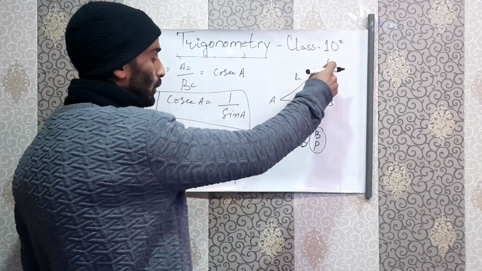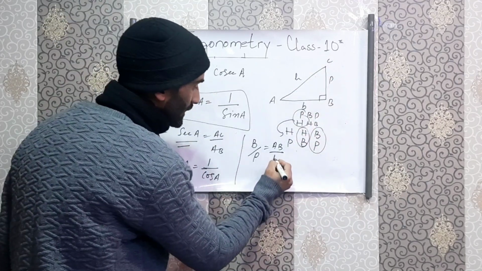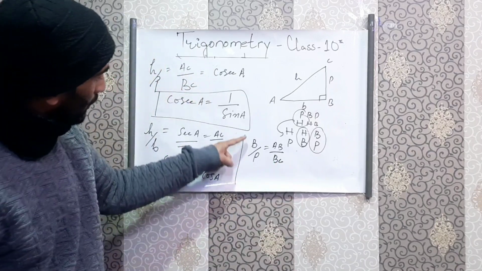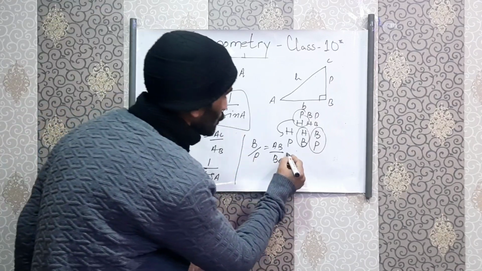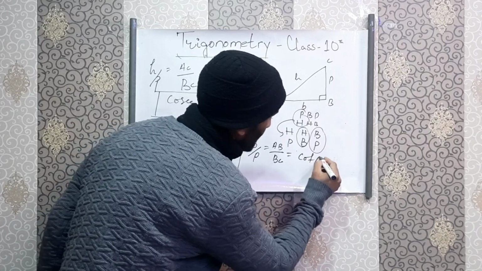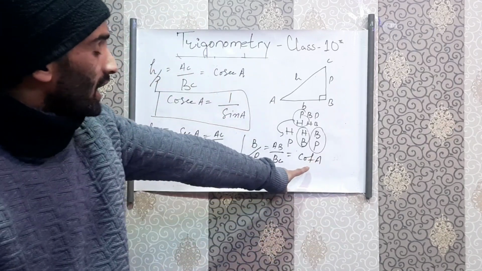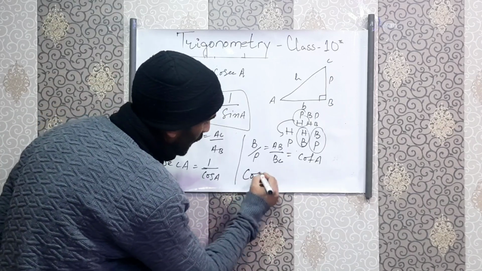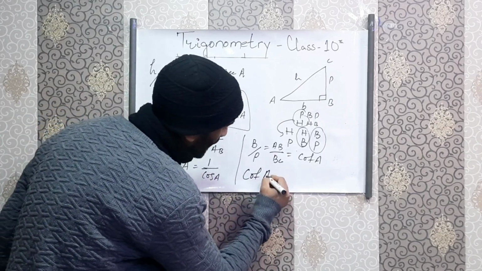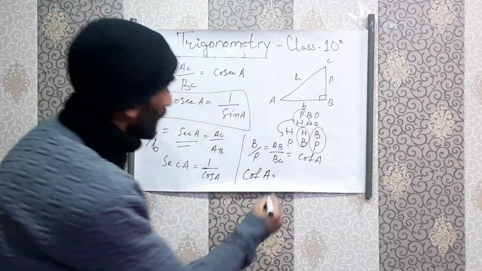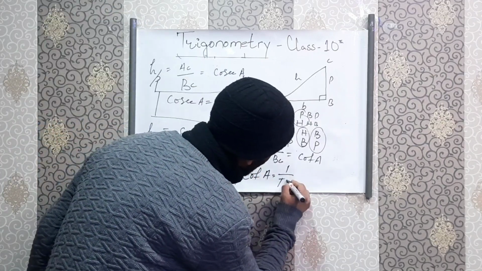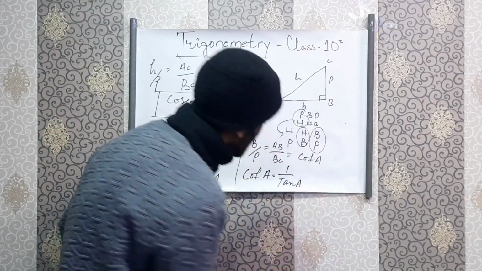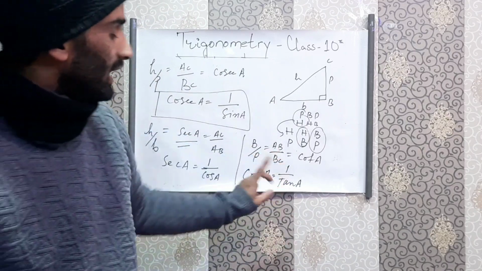Our perpendicular is BC. Base by perpendicular is known as cot A. And cot A is the reciprocal of tan A, so cot A is equal to 1 by tan A.